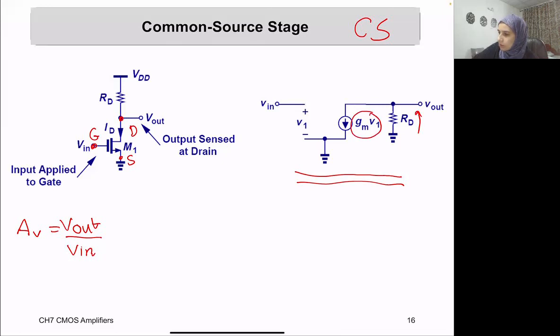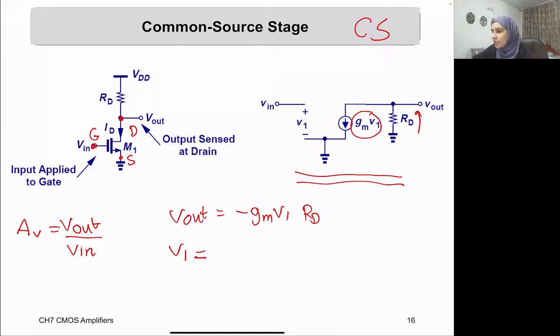So Vout will equal minus gm V1 times RD. Now, why this minus sign? Because the current direction is in this way. If it was going down, then it would be a positive sign. Now, I don't need the relation of Vout over V1. We're interested in Vout over Vin.